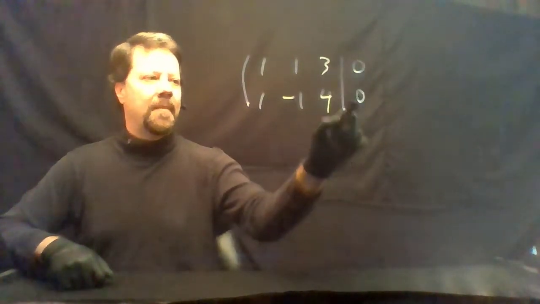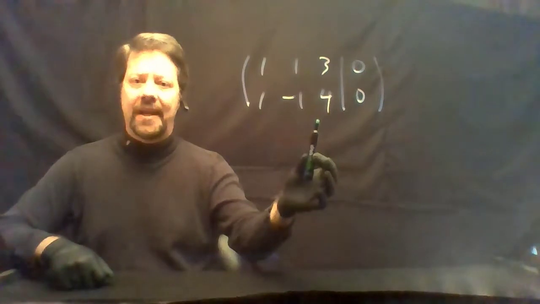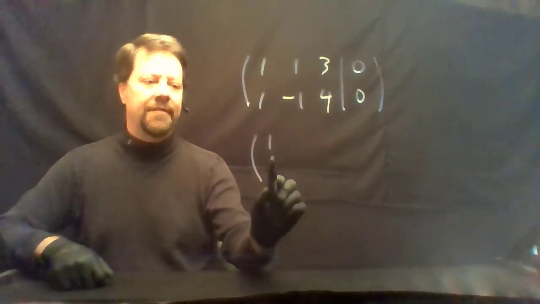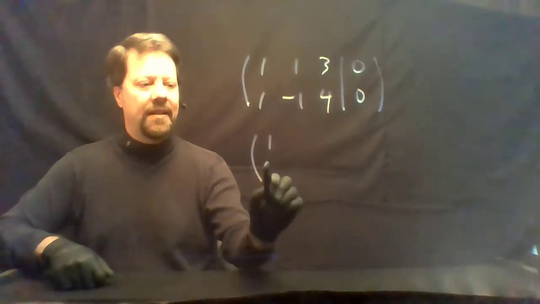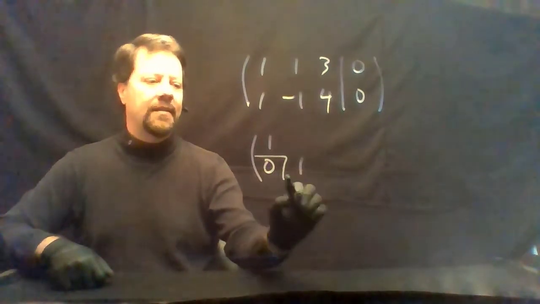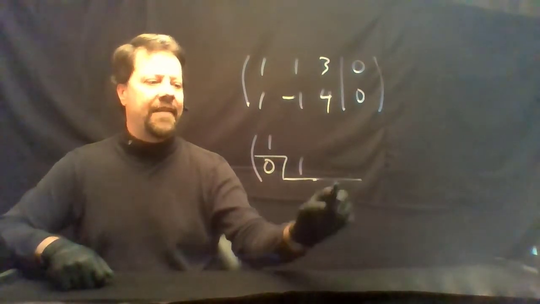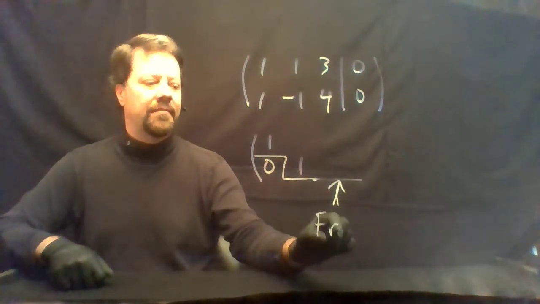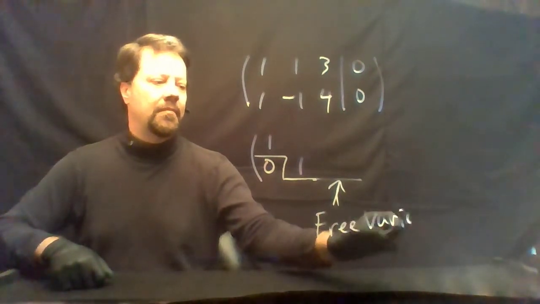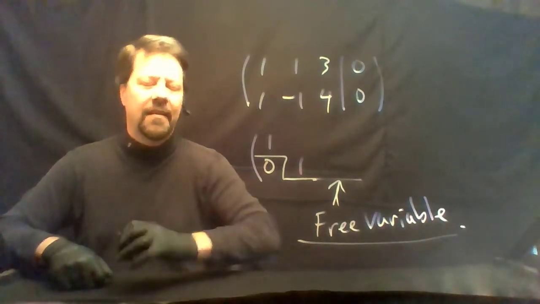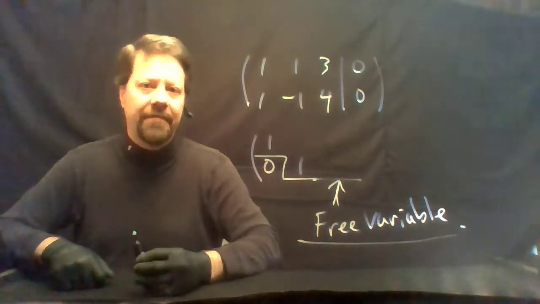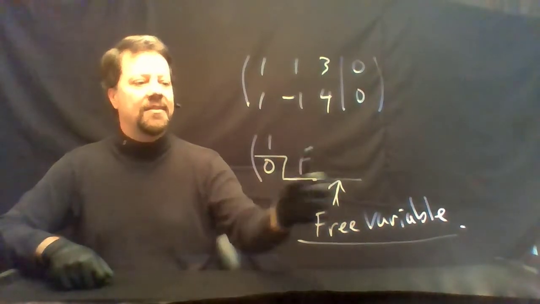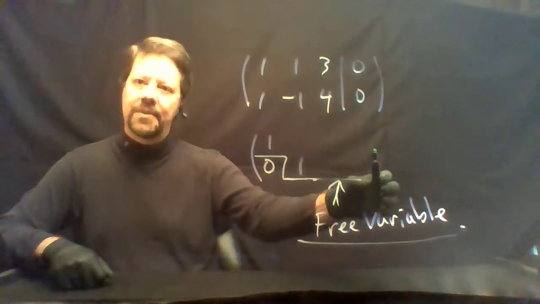You can see from the last example where we constructed the augmented array, from the very outset, that the reduced echelon form would be of the form 0, 1, a 0 below, a 1, and then we would have a free variable. There had to exist a free variable in this case because we had too many columns.